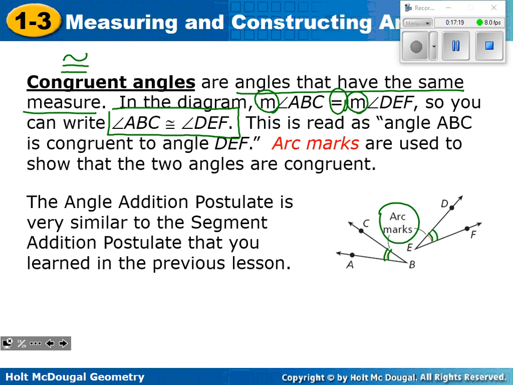Okay? So if they're saying these two are congruent, they'll stagger them. If it's one solid curve, then they're trying to give you some information about that whole angle. They won't write it in the middle because then that would land on top of the ray, so they'll shift it to one side or the other. But if you see a solid curve, that means they're talking about the whole angle. Everybody good with that? Okay.